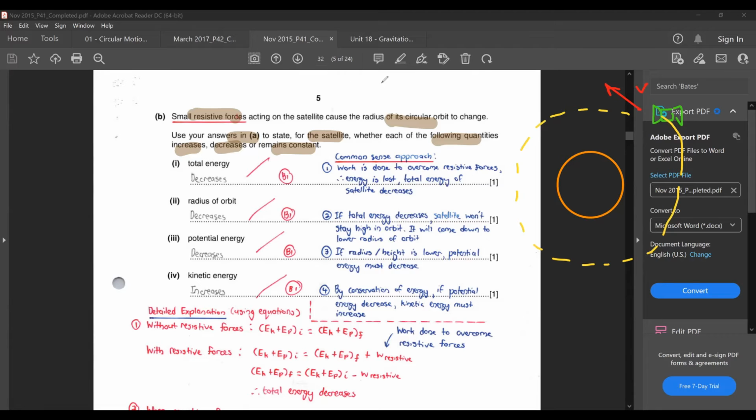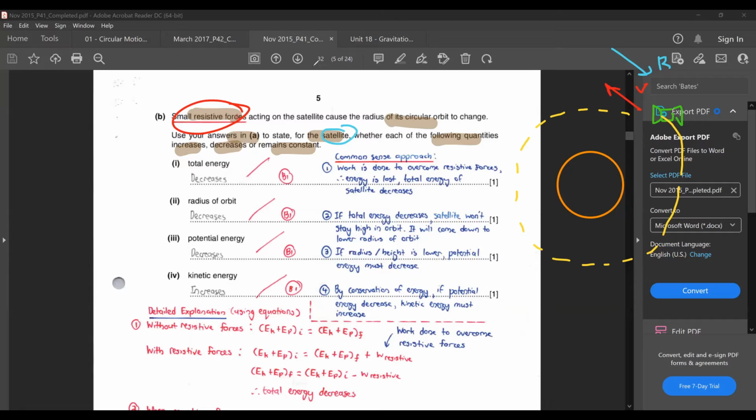But now they tell you that your satellite, as it is orbiting, is encountering resistive forces of R. So what do you suppose would happen to the energy of the satellite? Bear in mind that we're not talking about total energy of the system. We're talking about energy of the satellite itself.